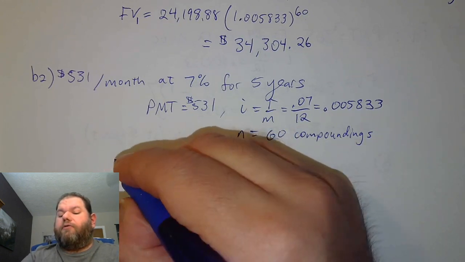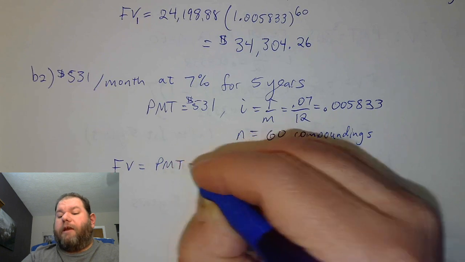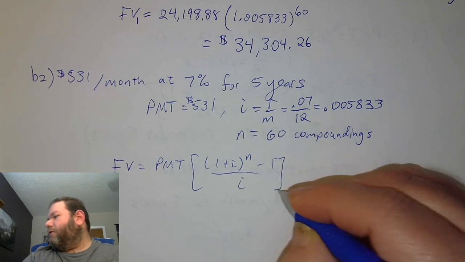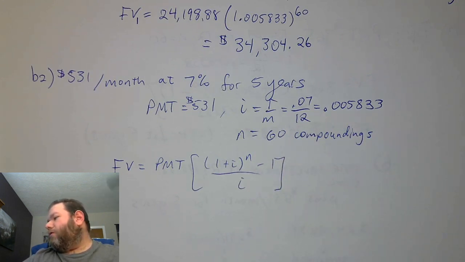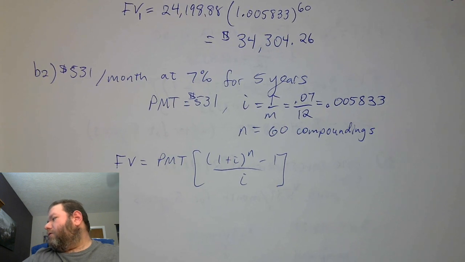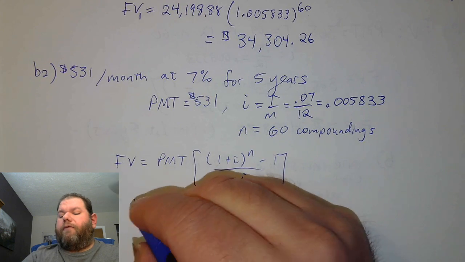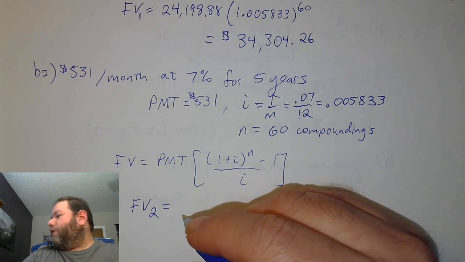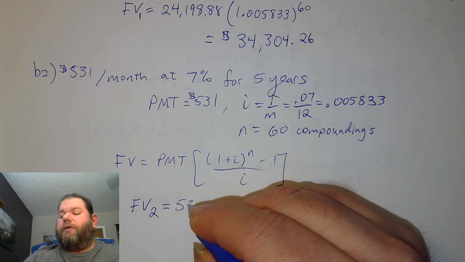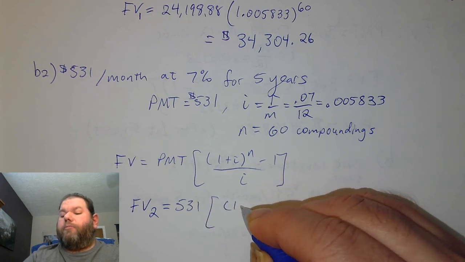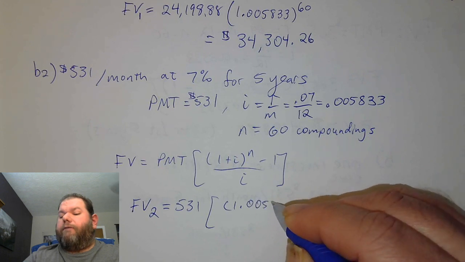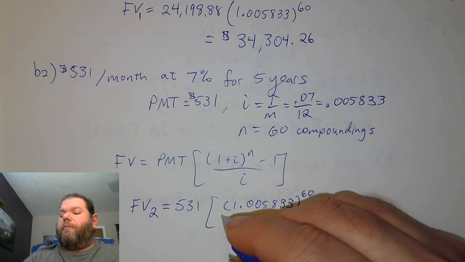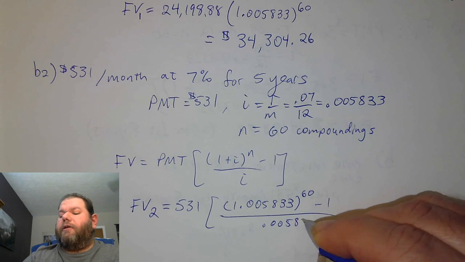So in this case, future value is the monthly payment times 1 plus I to the n minus 1 over I. So future value 2 in this case: 531 times 1.005833 to the 60 minus 1 over 0.005833.